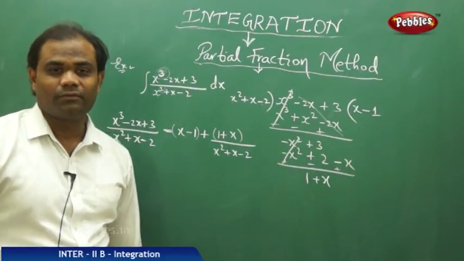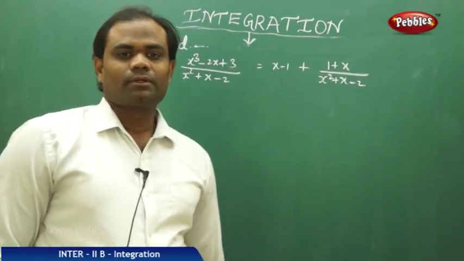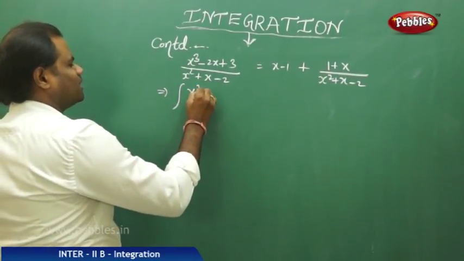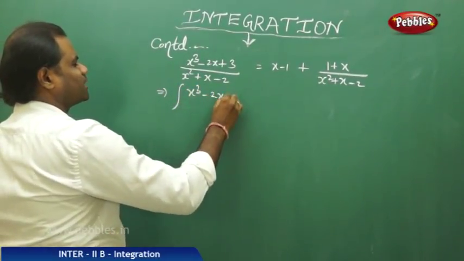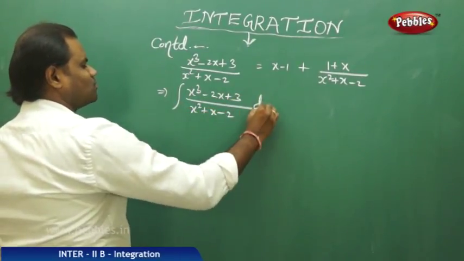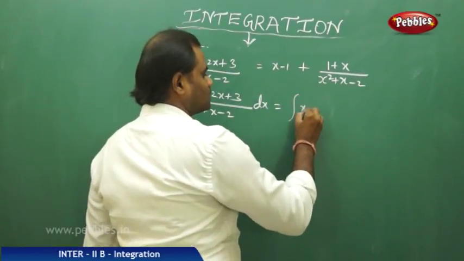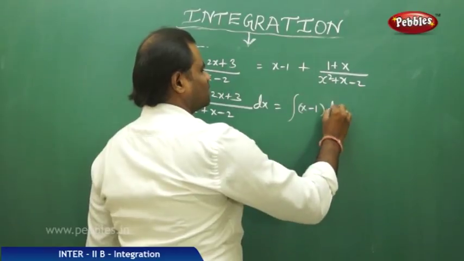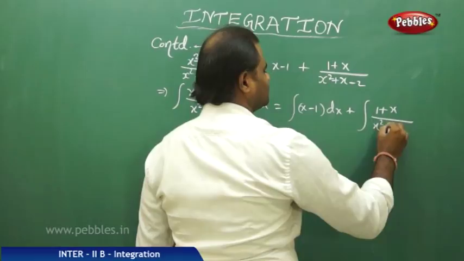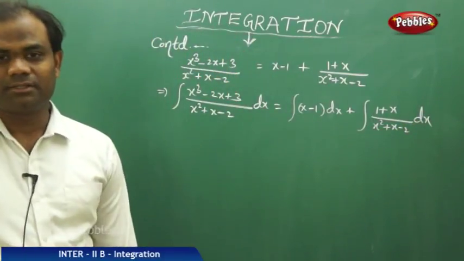Therefore, integrating on both sides, I get the integral of (x cubed minus 2x plus 3) by (x squared plus x minus 2) dx, which is the integral of x minus 1 plus the integral of this dx.